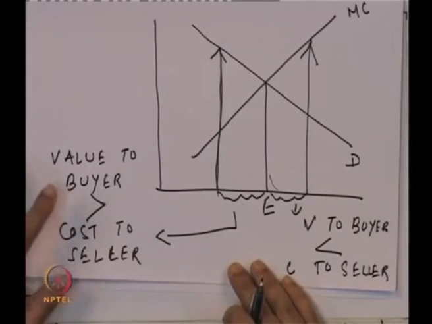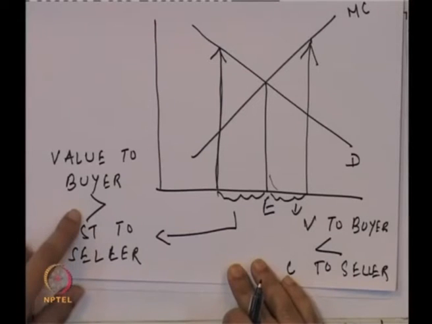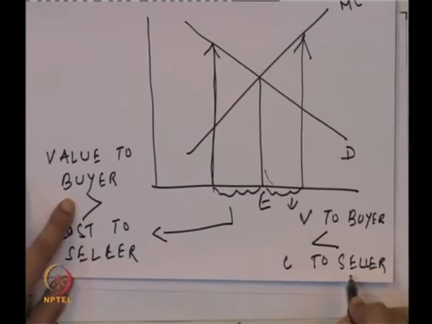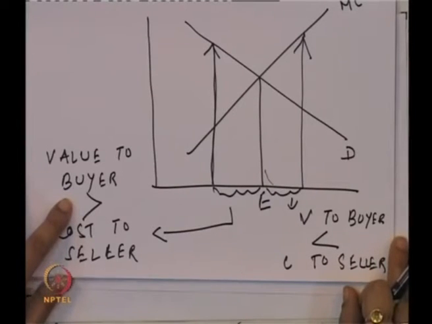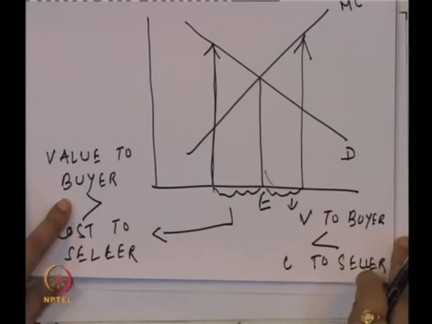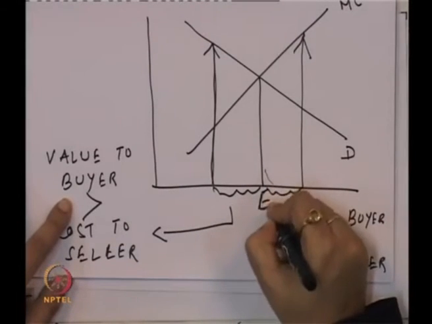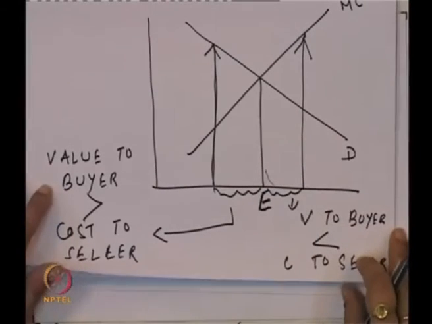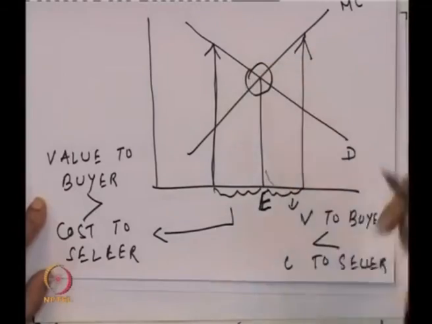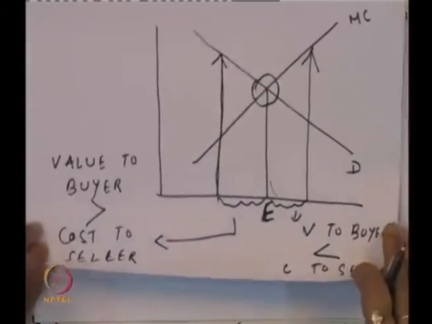Before this efficient quantity, the value to buyer is greater than cost to seller, so obviously the monopolist is not going to operate here. Here the value to buyer is less than cost to seller. This is the profitable point for the monopolist, but ideally the efficient quantity, or the efficient level of output, is where the marginal cost intersects the demand curve.